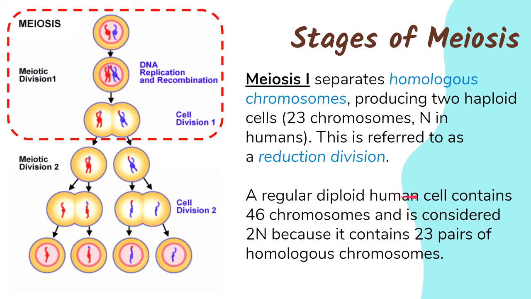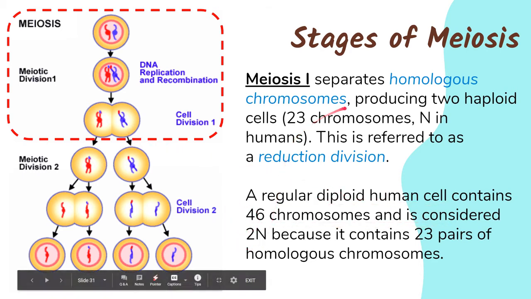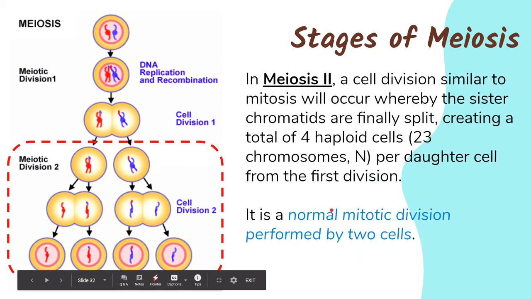A regular diploid human cell contains 46 chromosomes, so that's 2n. However, after meiosis 1, it now becomes 1n, or they only have 23 chromosomes. Okay, so they are considered diploid, or they have a total of 46 chromosomes because it has 23 pairs. So 23 times 2, 46. So 23 pairs of homologous chromosomes.